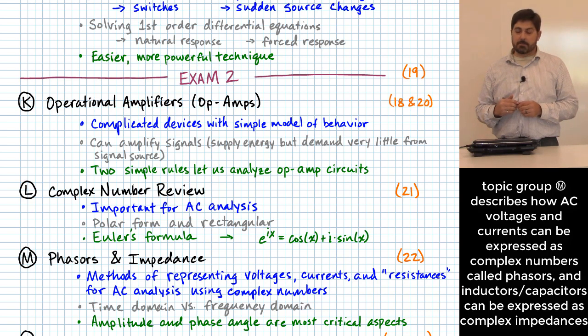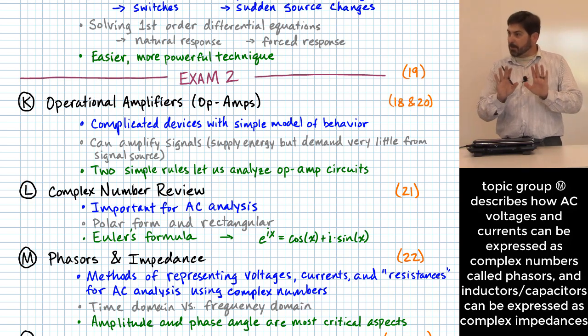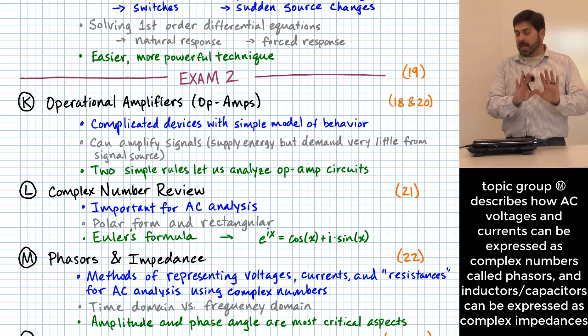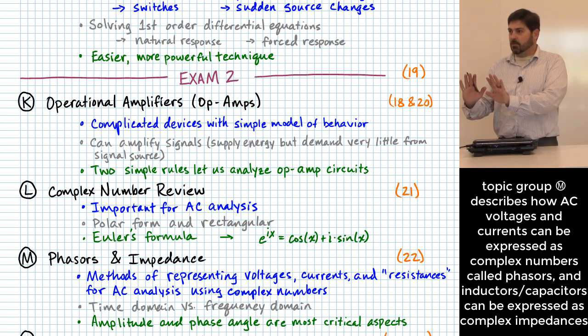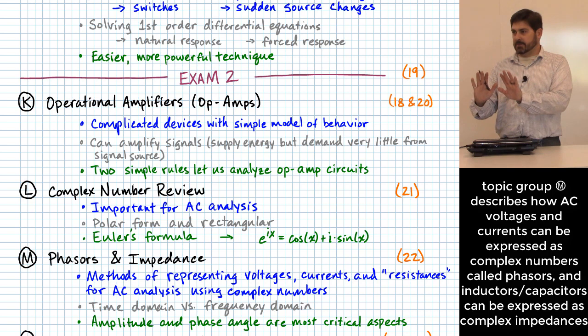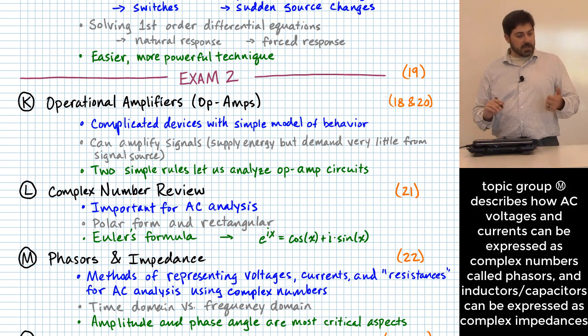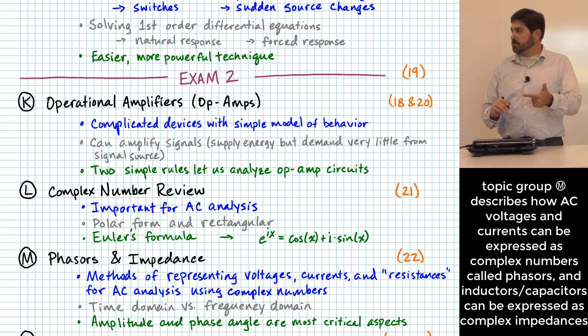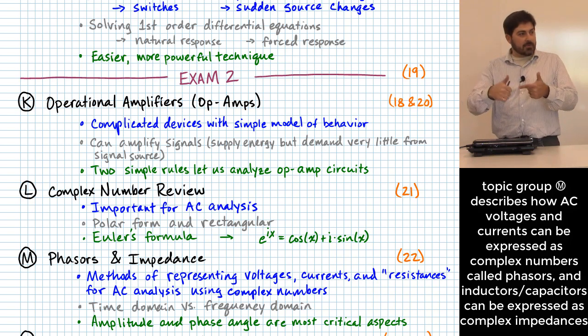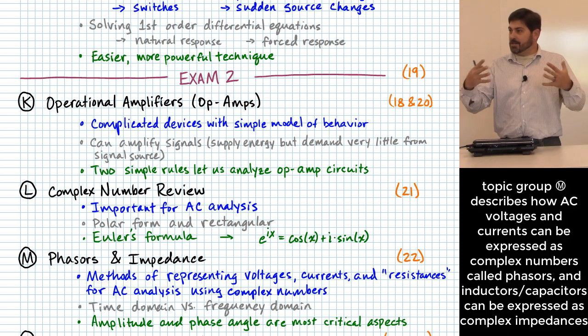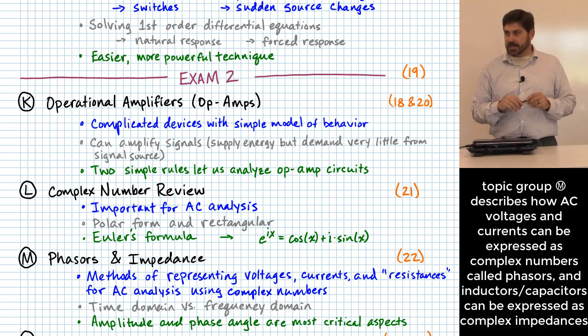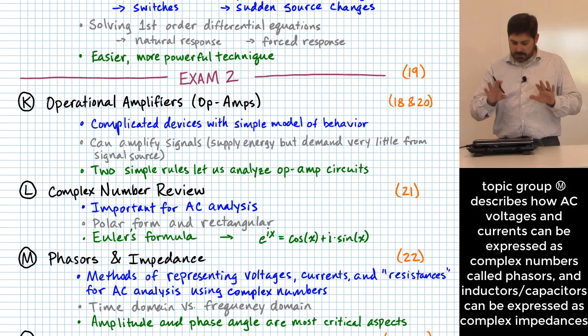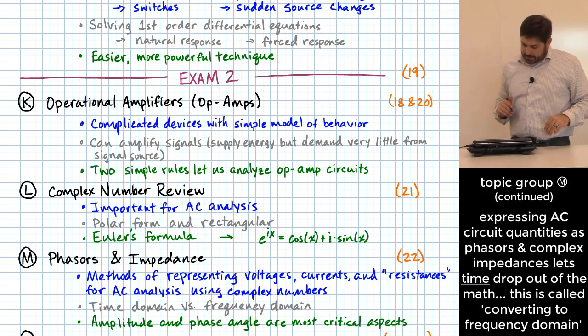And those complex impedances are essentially complex numbers, but they behave just like resistances when we were dealing with DC circuits, okay? So we can essentially express voltages and currents as phasors, and we can represent our passive elements with these things called complex impedances, and now we have all the pieces that we need in order to be able to represent our AC circuits. Isn't that kind of cool? So that's what we're going to get into when we get into phasors and impedance.